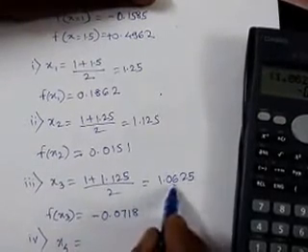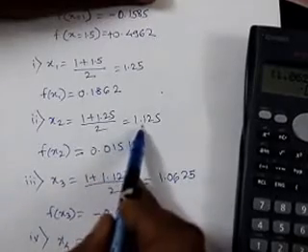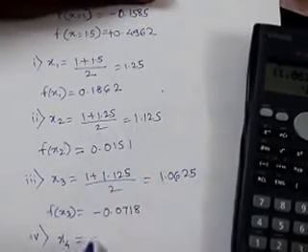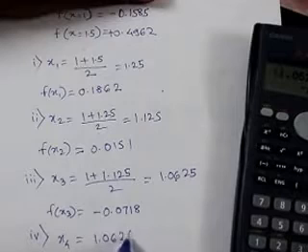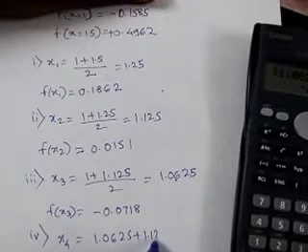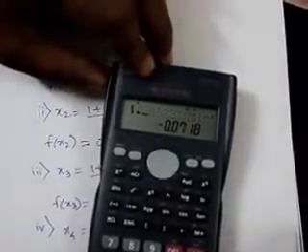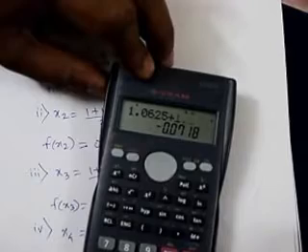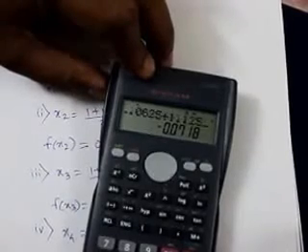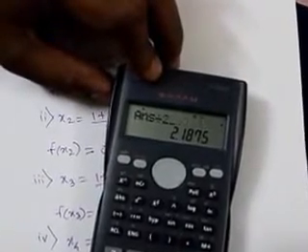So between 1.0625 and 1.125. x4 is going to be 1.0625 plus 1.125 divided by 2.